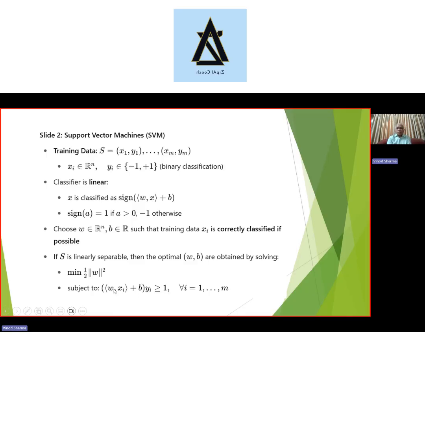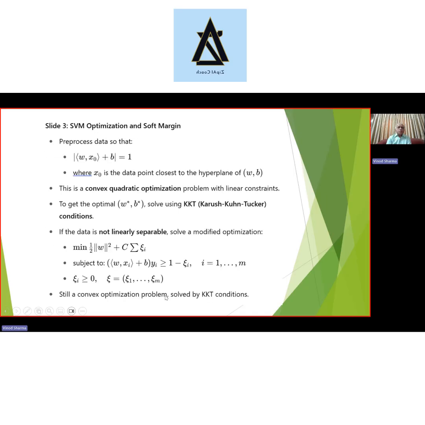So we solve this optimization problem. Of course, as I said, for correct classification, this needs to be greater than or equal to 0 only, and not necessarily greater than or equal to 1. But this can be ensured for any proper classifier if we do pre-processing of the data. And that is, for any W and B we choose, find x naught in the training data that is closest to the hyperplane of WB.